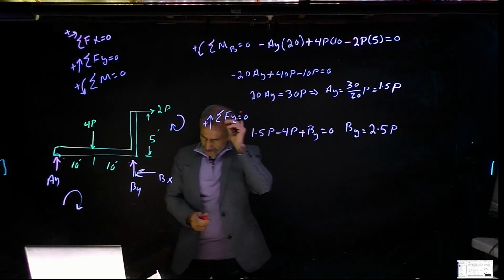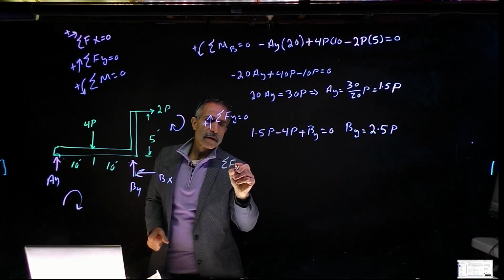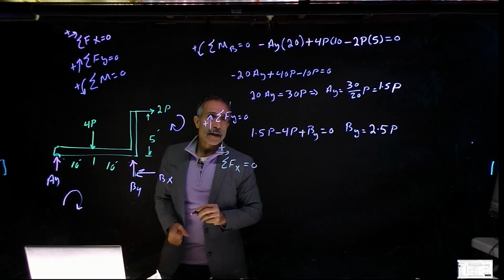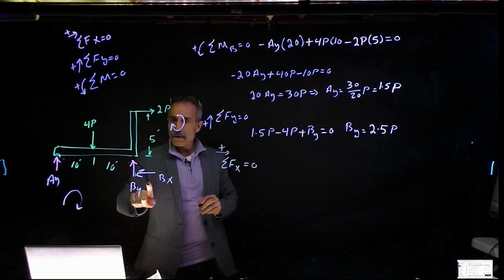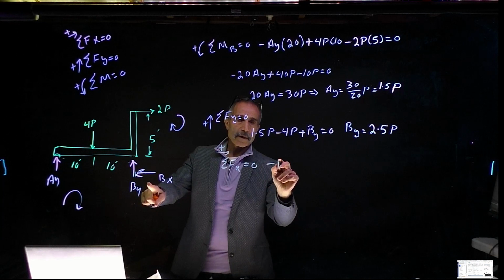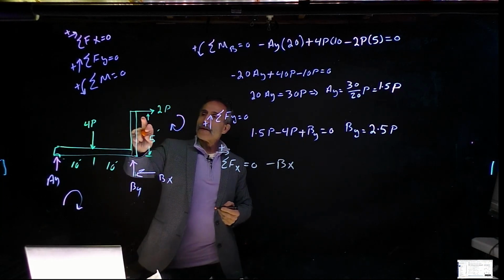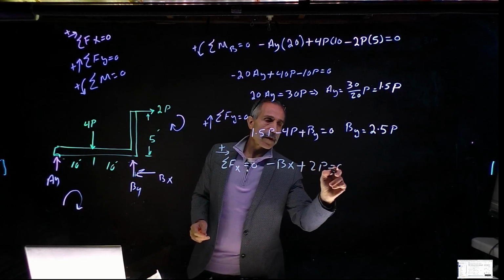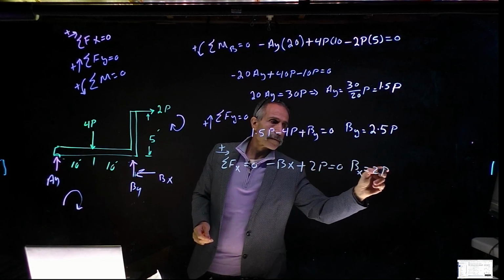All right. Next I'm going to do summation F of X equals 0. Going right is positive. And the only thing I have, no X here, no X here. The only X I have is minus BX here. Minus BX, because we assume it's going that way. And then 2p going the positive way, plus 2p is equal to 0. And then BX is equal to 2p.